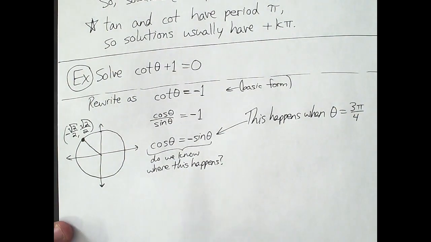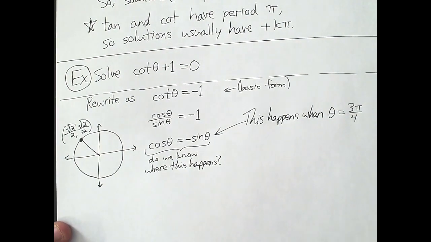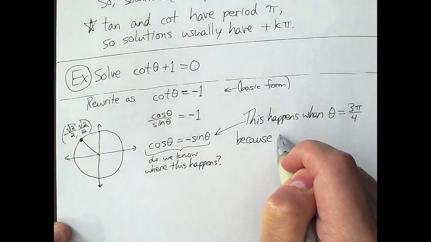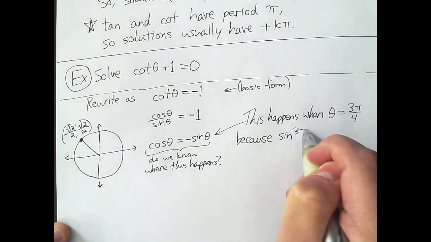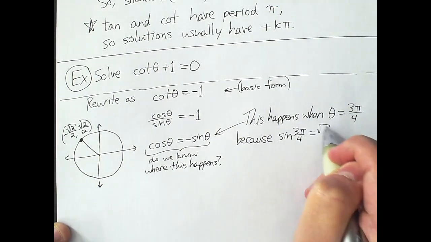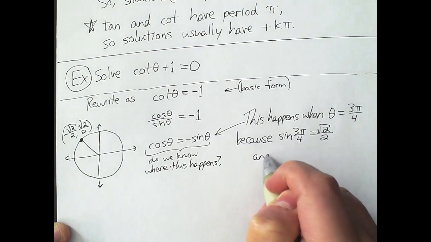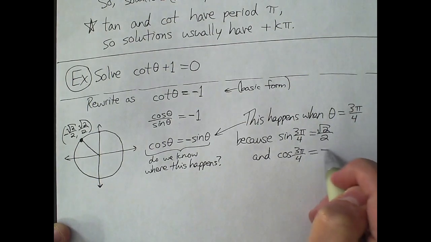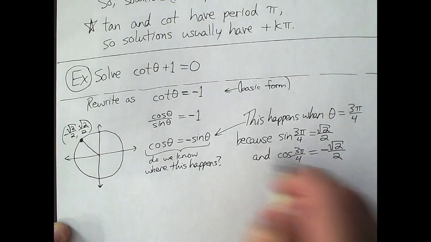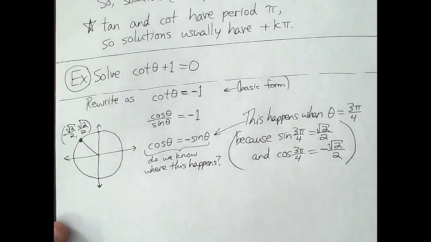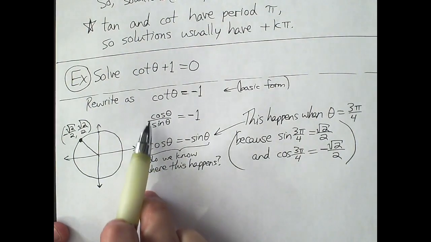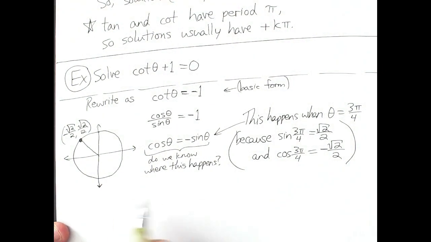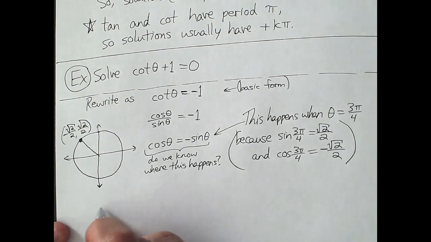If you're not totally convinced by the picture, you could also check. You could say sine of 3 pi over 4 equals square root of 2 over 2, cosine of 3 pi over 4 equals negative square root of 2 over 2. This little part I'm doing here is optional, but you could check that, and when I put one on top of the other, I do get negative 1. So we're going to write all solutions.